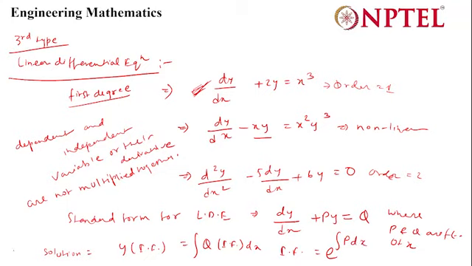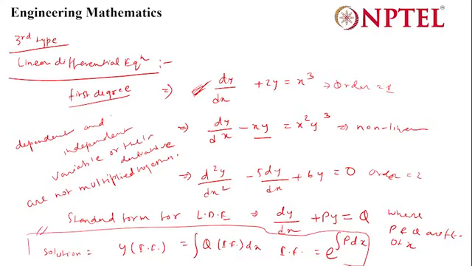This is very important. Learn this by heart, because they ask linear differential equations many times and ask for the solution. So this is the solution for this kind of linear equation. Now we'll look at this with one example.